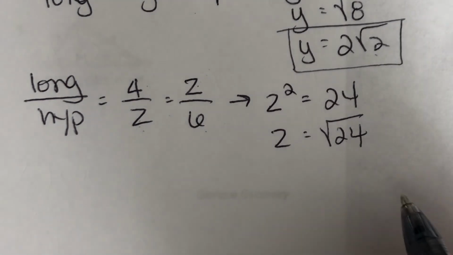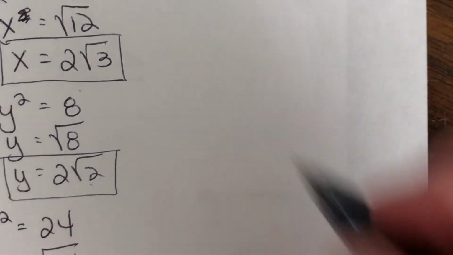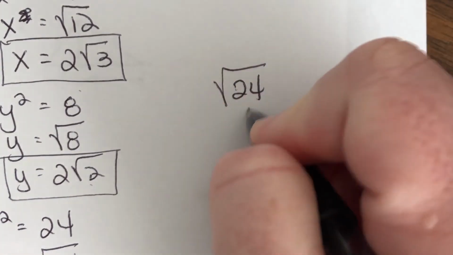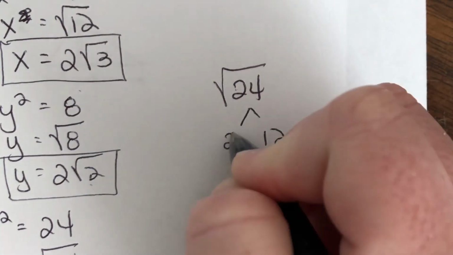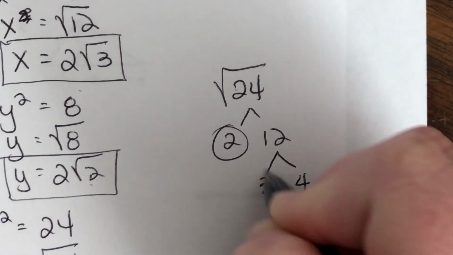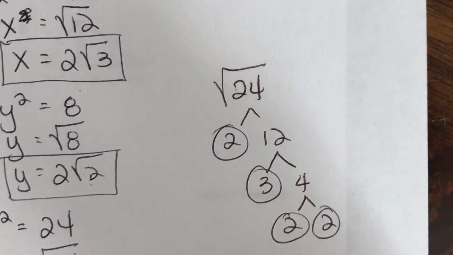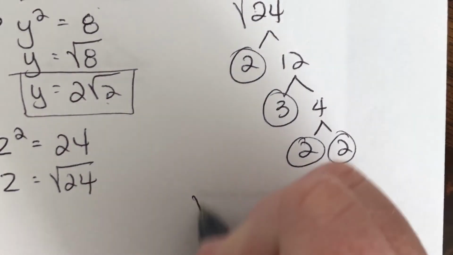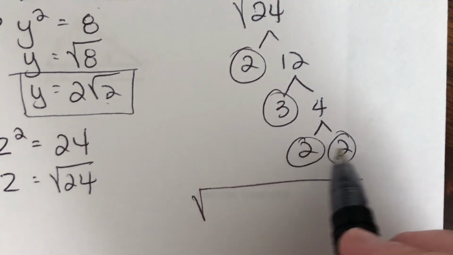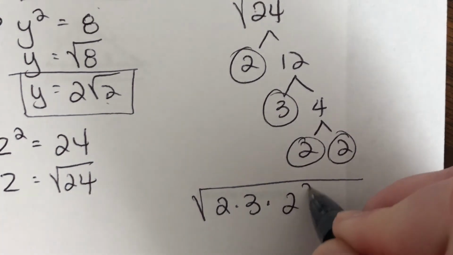And then absolutely we can factor 24. Square root of 24, I can do 2 and 12. 2 is a prime number too. 12 I can separate into 3 and 4. 3 is a prime number. 4 is a perfect square, so separate it into 2 and 2. Then I can rewrite it: square root of 2 times 3 times 2 times 2. 2 times 2 is 2 squared.